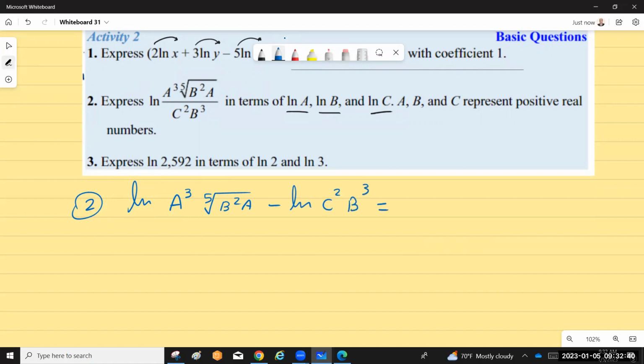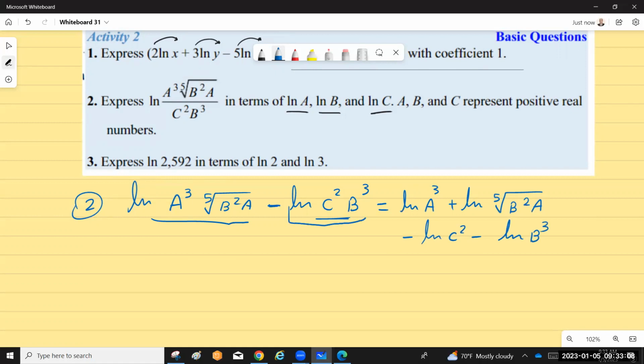And after that, this is a linear product. It's ln plus ln a cubed plus ln 5th root of b squared a minus this product, which will be written as ln c squared minus ln b cubed, because this negative will be distributed over the ln c squared plus ln b squared.